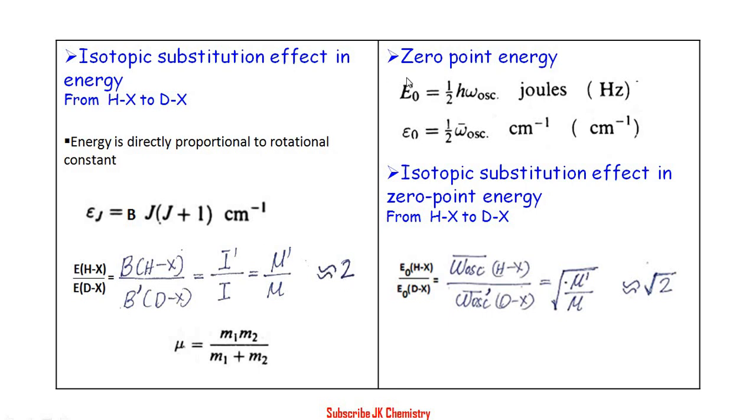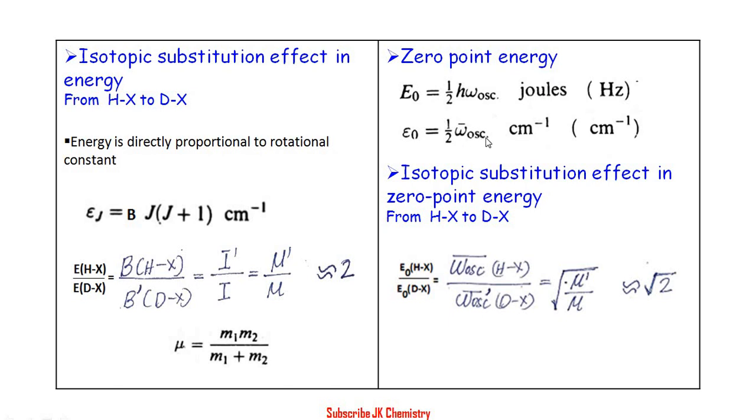Another important thing in vibrational spectroscopy is the zero point energy, that is the energy when V is equal to 0. Even at the ground state, a molecule has some kind of vibrational energy, which is called zero point energy. That is E0 is equal to half h omega oscillation in Hertz. In centimeter inverse it is half omega oscillation bar centimeter inverse. That is very important.